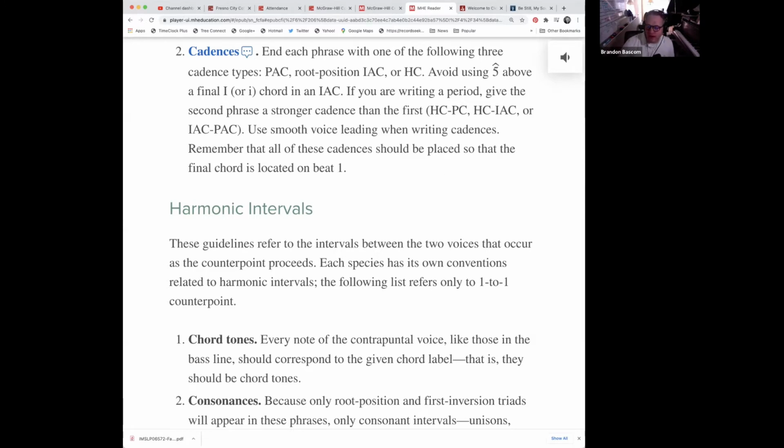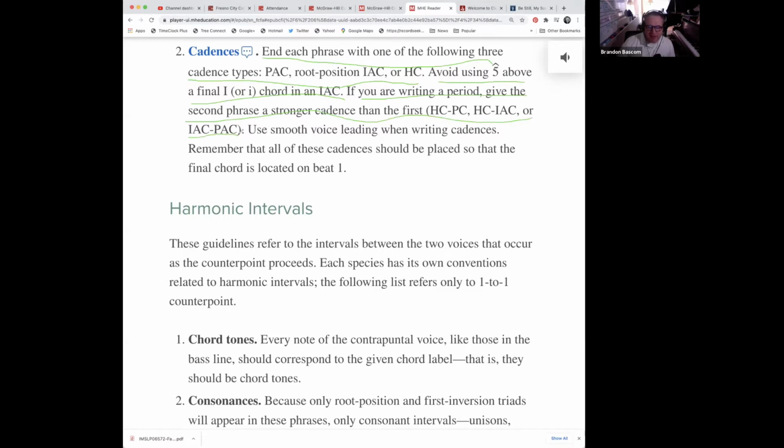All right, so let's break that down because there was a lot. We had end each phrase with one of these cadence types. I mean, they could have at least bullet pointed them to make it a little more clearly seen. I know. Then there was avoid using scale degree 5 over the final tonic in an IAC in major or minor. Then there was if you're writing a period, give the second phrase a stronger cadence than the first phrase.